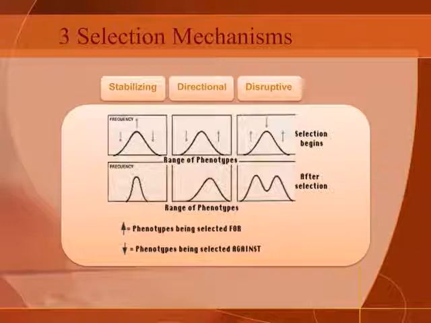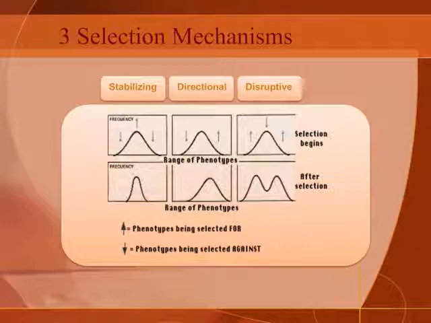The first mechanism is stabilizing selection. So write that in the first blank beneath 3 selection mechanisms. Now look at the 2 graphs just beneath the word stabilizing. The first graph represents a normal distribution curve, where some individuals are at the low end, most of them are in the middle, and some are at the high end.